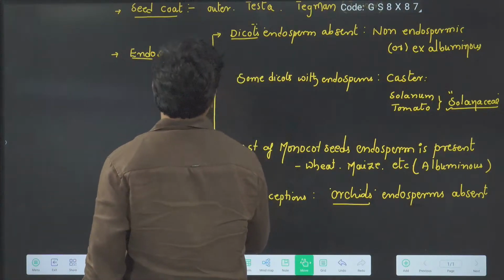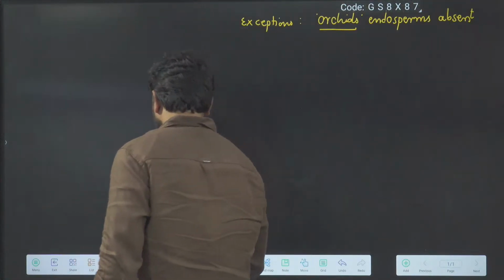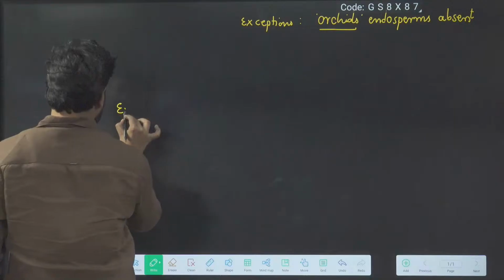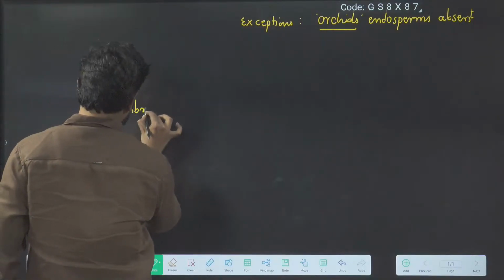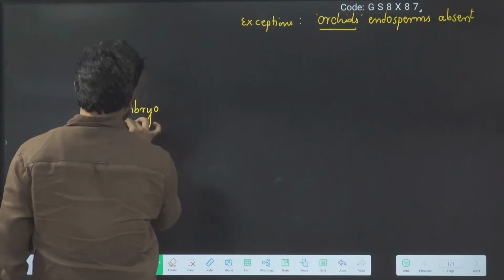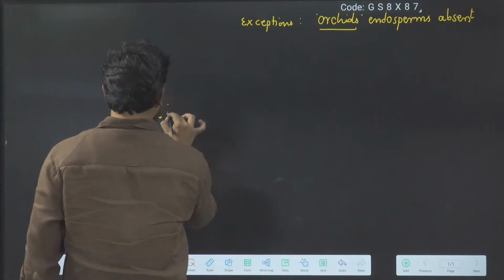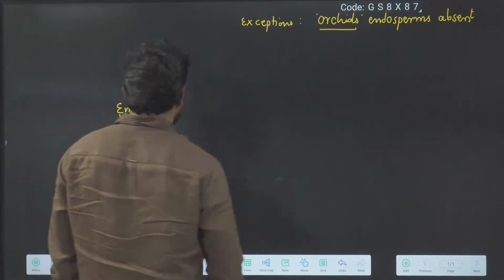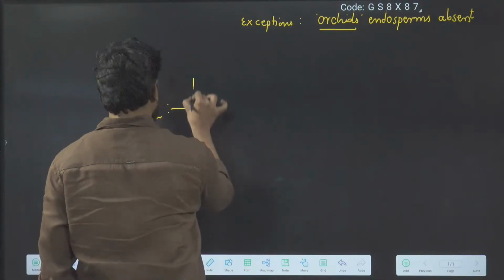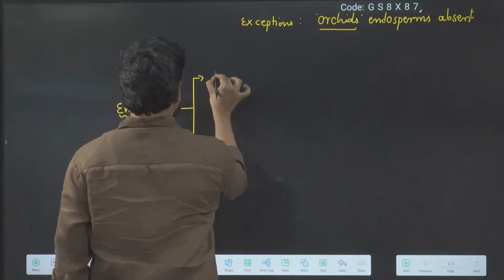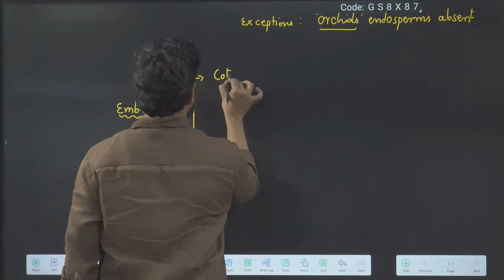Next one, come to the embryo. They are saying something related to the embryo. You take an embryo. An embryo possesses mainly two parts. One is cotyledons.